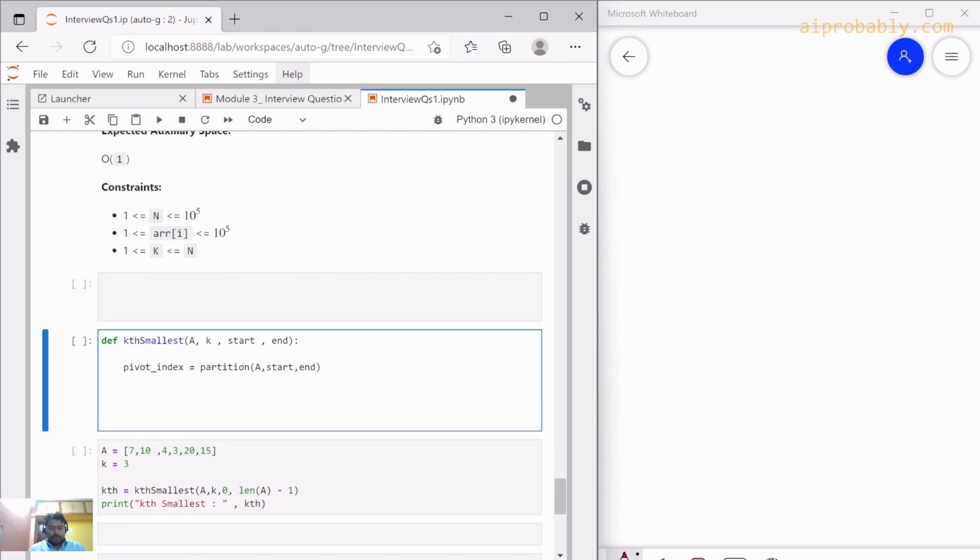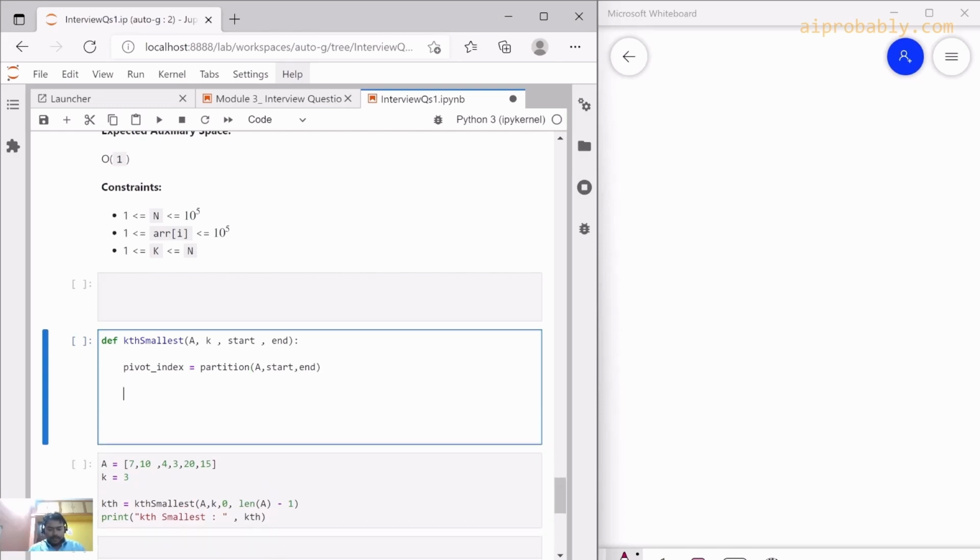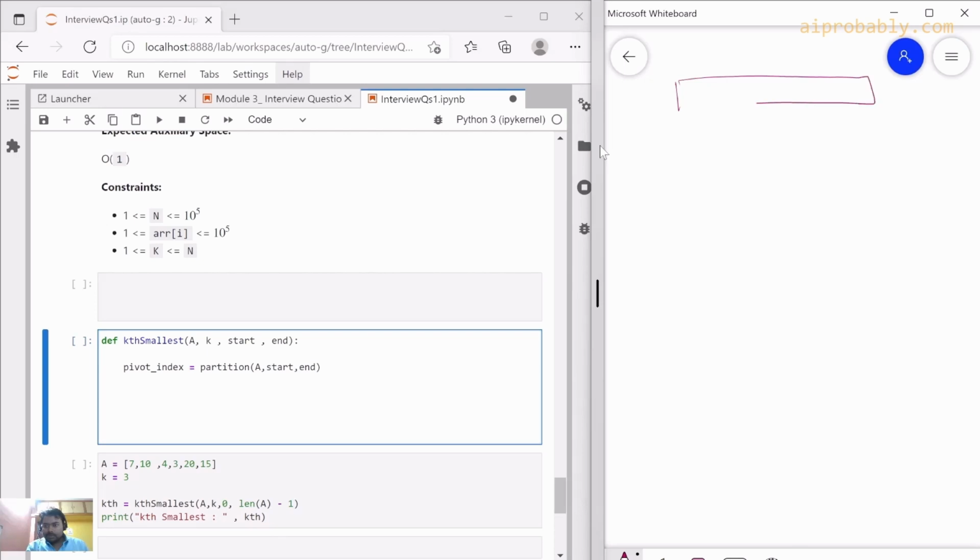So once we figure out the pivot index here, then I have 3 situations. The first situation is, suppose the partition index which I got after the partition algorithm is the same as the location of the kth value, then simply I will return the value of pi, and that is our final answer.